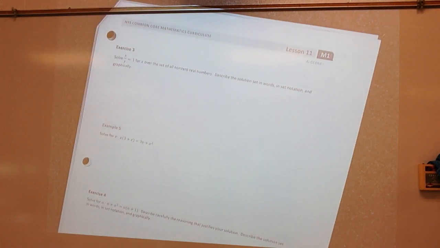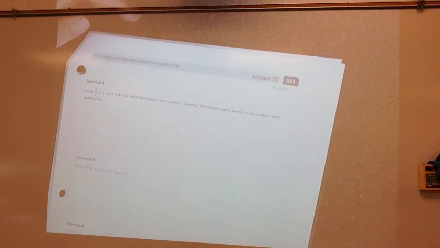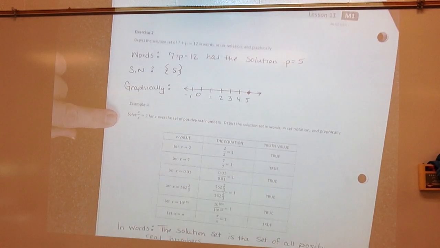Solve x divided by x is equal to 1 for x over the set of all non-zero real numbers. Describe the solution set in words, in set notation, and graphically. So, here's the difference between this one and example number 2.